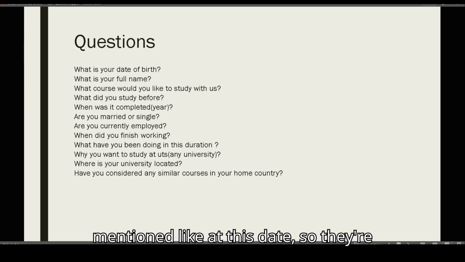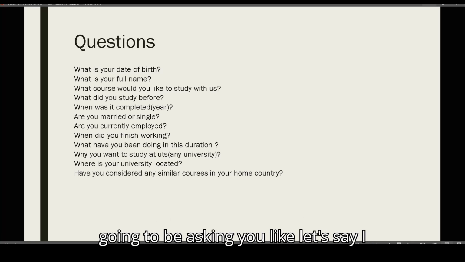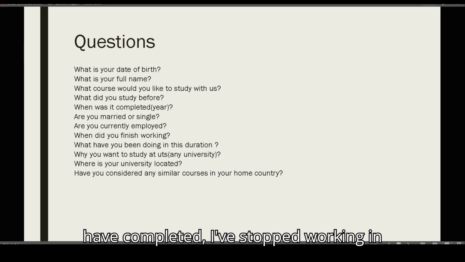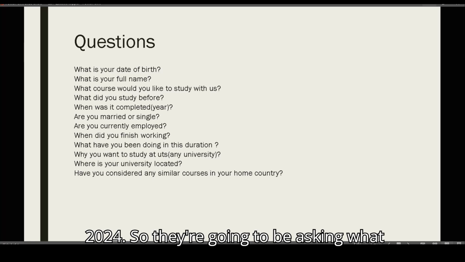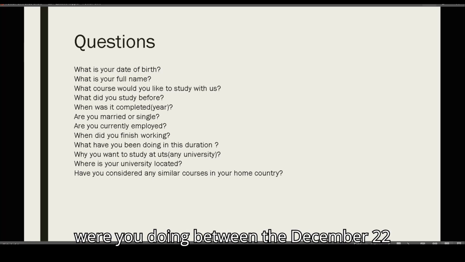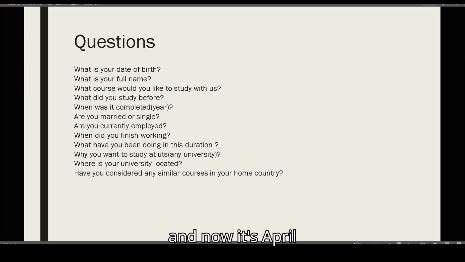So if you mention a date, let's say I stopped working in December 2022, and now it's April 2024, they're going to ask what you were doing between December 2022 and now. What have you been doing for this long period? The same applies to your bachelor's and 12th.